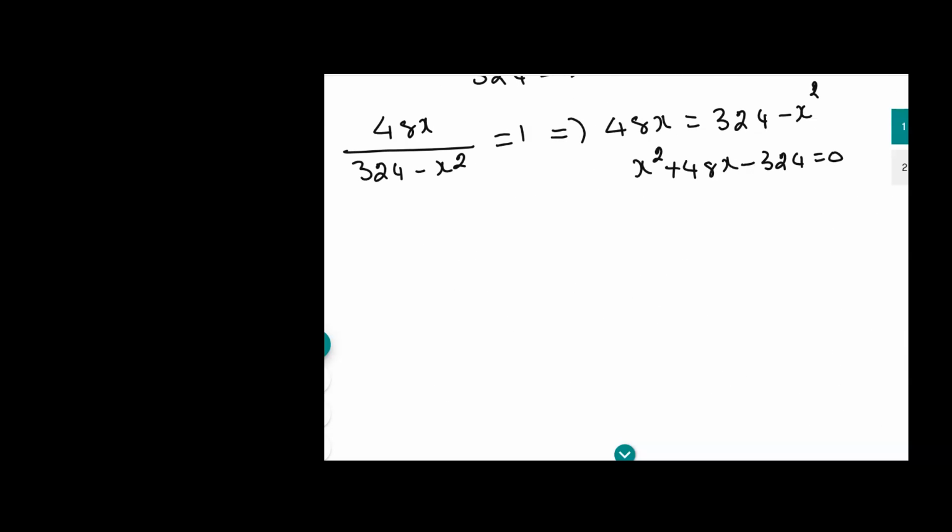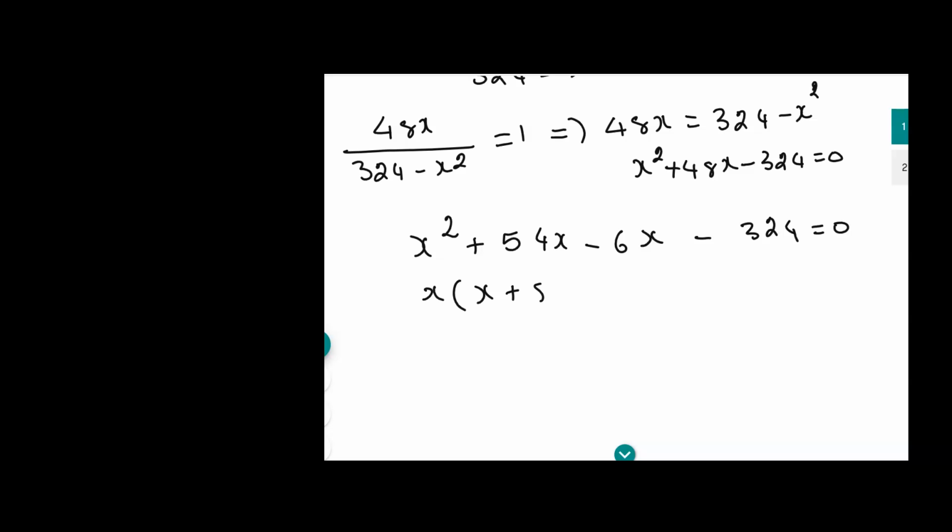On factorizing this equation, you get x squared plus 54x minus 6x minus 324 is equal to 0. Let me take x as the common factor for the first two terms.